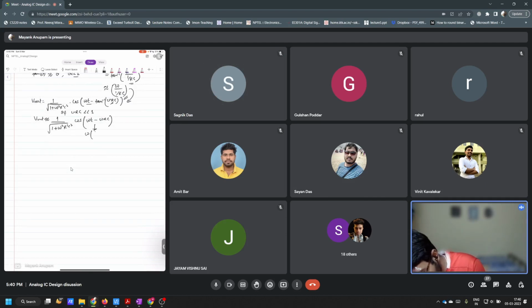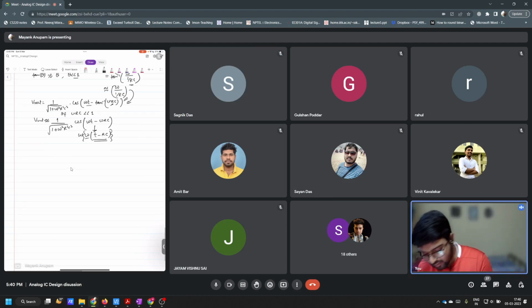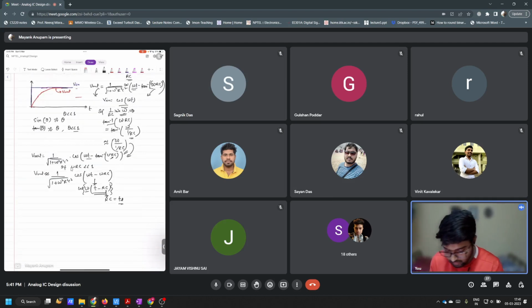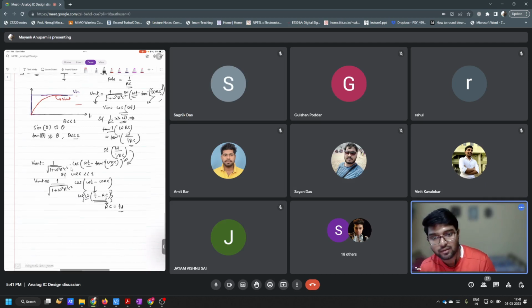So now you see that this term inside the brackets, you can take omega common, and then this is t minus RC, right? So now you can clearly see that this becomes a delay. This is omega into t minus something, so this is delayed. This RC can be written as some delay TD.